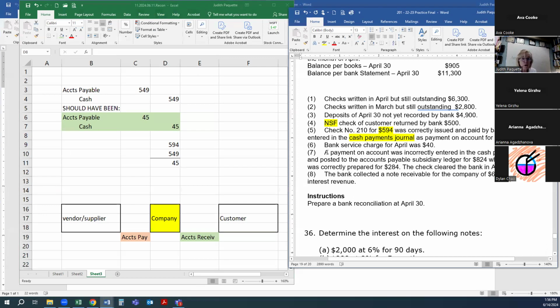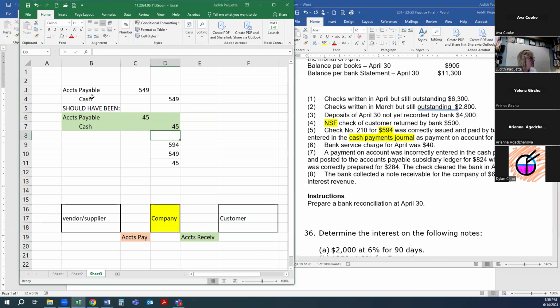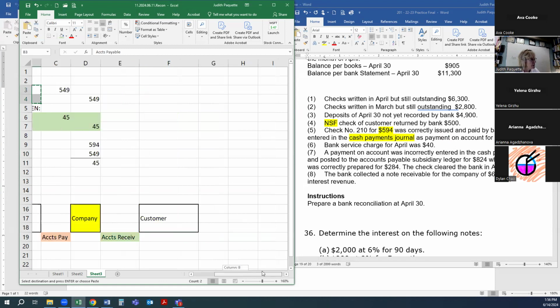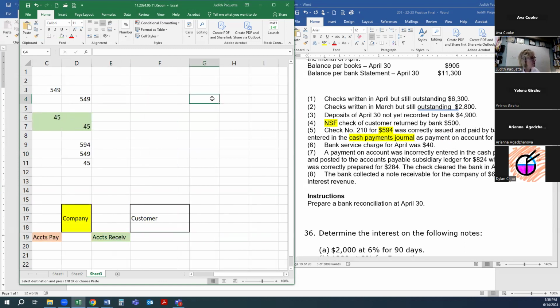A payment on account, again, that's accounts payable and cash, was incorrectly entered into the cash payments journal and posted to the subledger at 824.